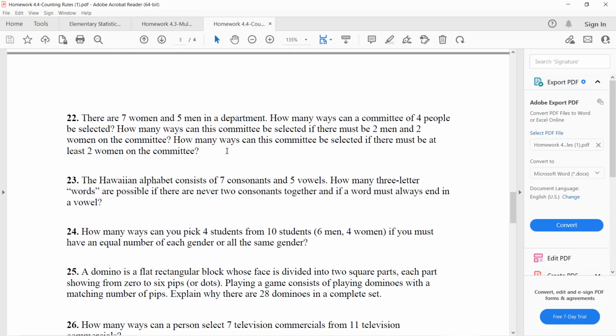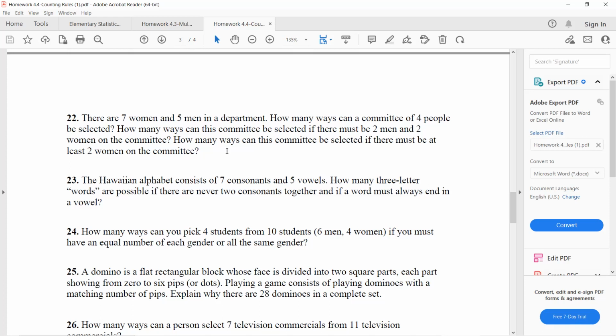There are 7 women and 5 men in a department. How many ways can a committee of 4 be selected? So this has multiple options. I'm going to write this down and then put it on the whiteboard. How many ways can this committee be selected if there must be 2 men and 2 women?